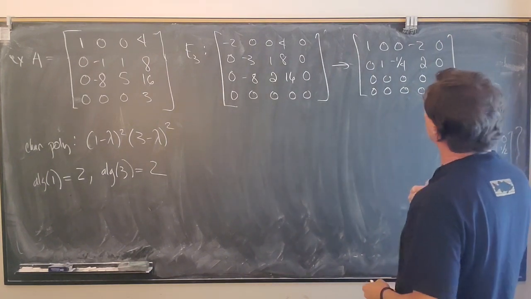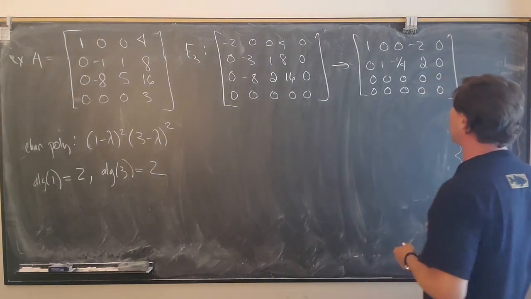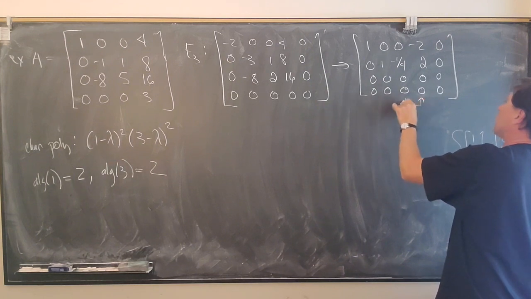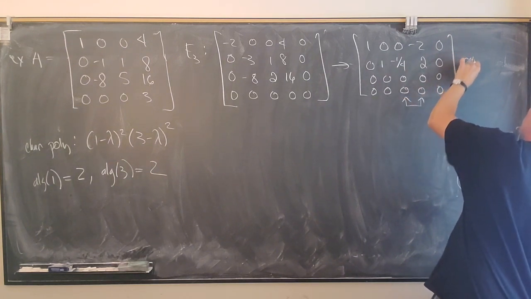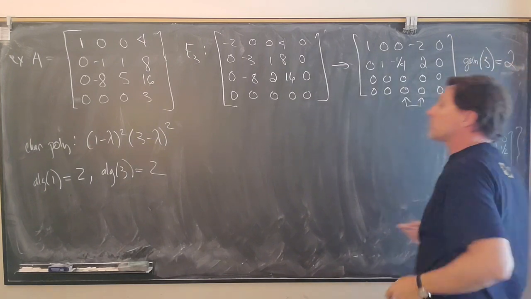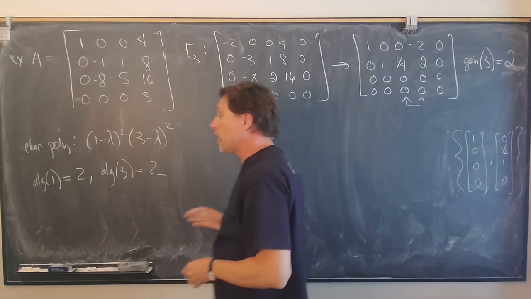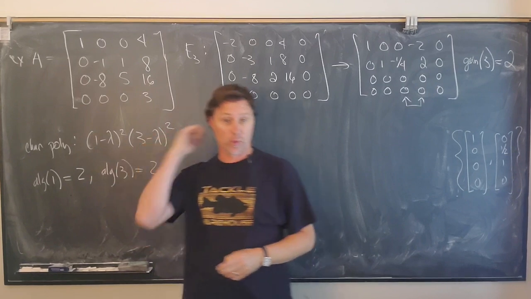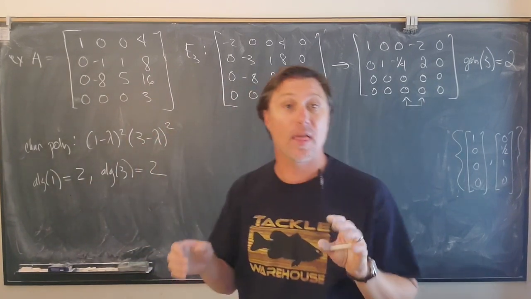Okay, so once again, we have 2 free variables, right? These ones are free, so this tells us that the geometric multiplicity of 3 is also equal to 2. So now we have algebraic multiplicities matching geometric multiplicities for both eigenvalues.